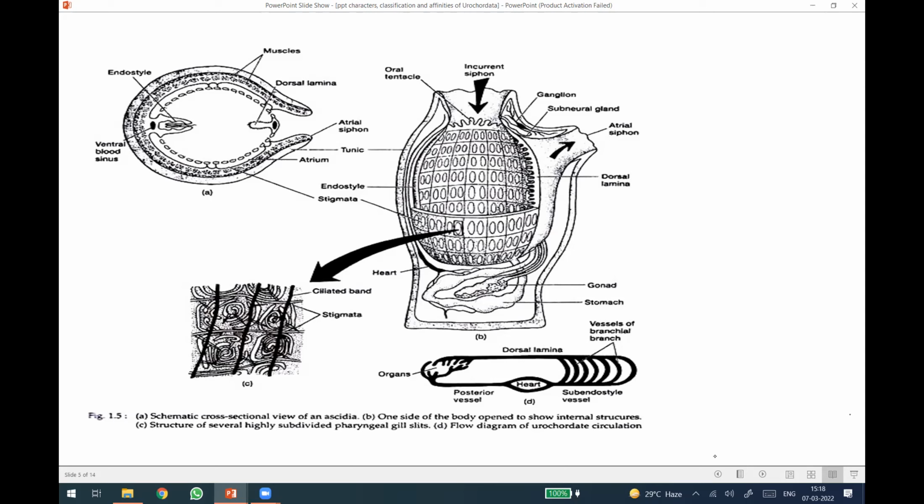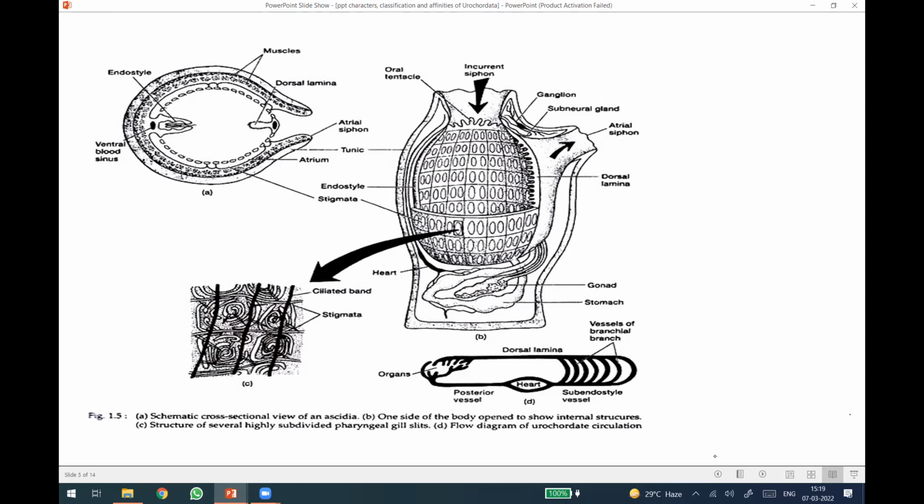This is the branchial basket, you can see, having numerous clefts and small chamber-like structures, and having this dorsal lamina where the blood supply is. And this is the nerve ganglion. In the adult, the nerve is in the form of a single ganglion, whereas in the larva it is in the form of an extended nerve cord.